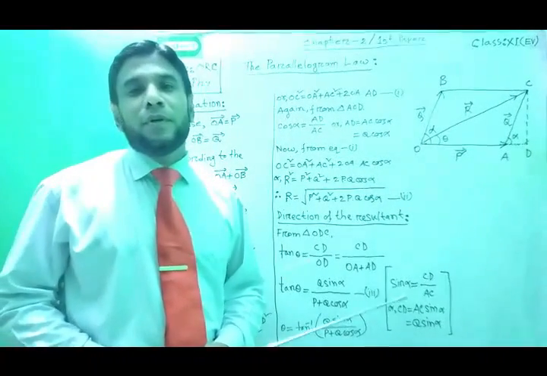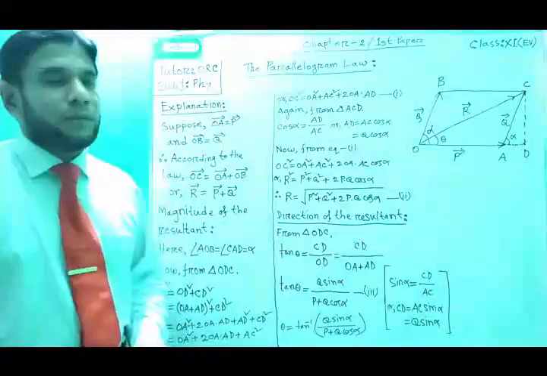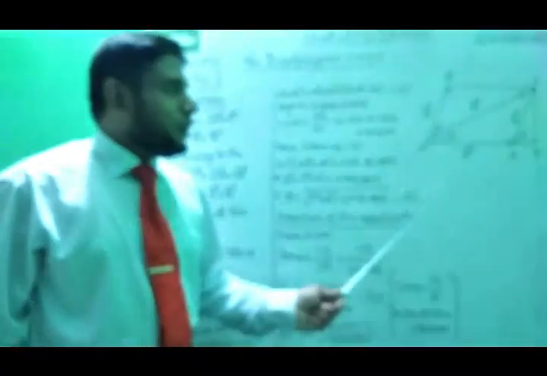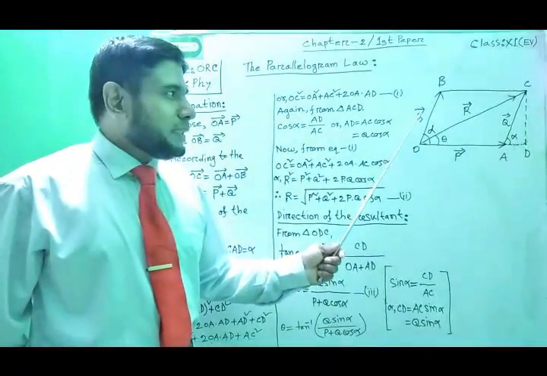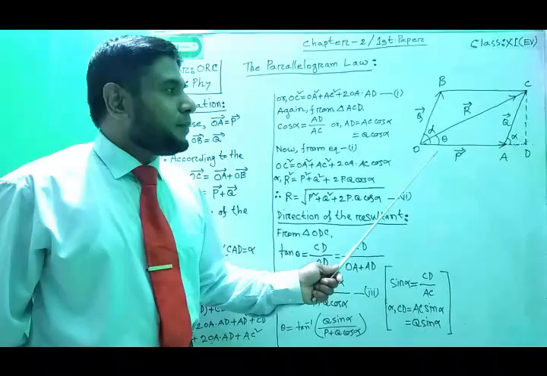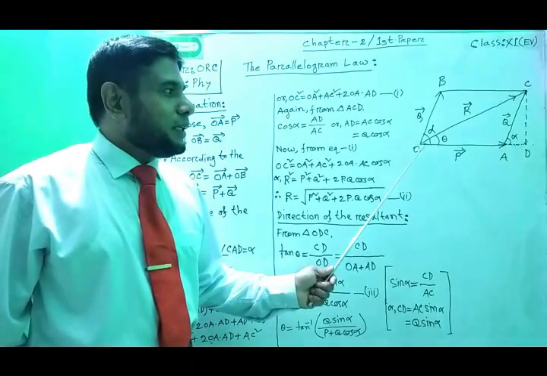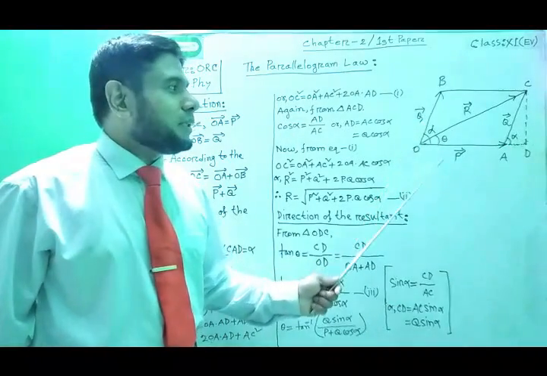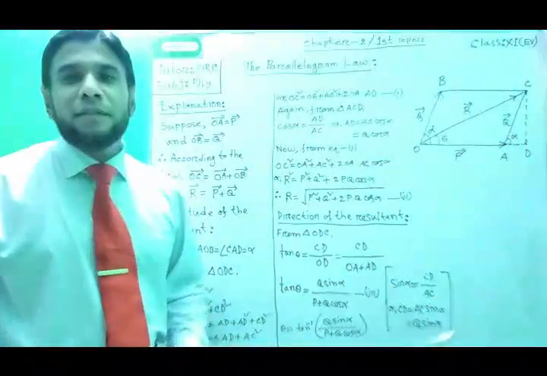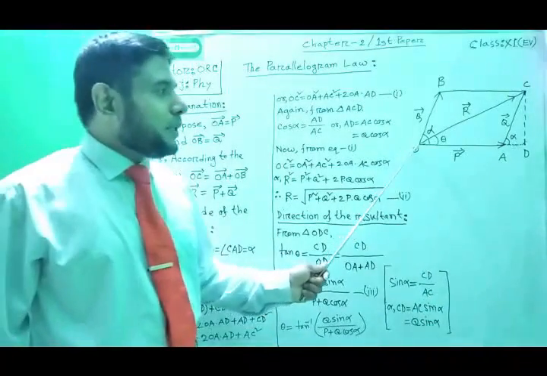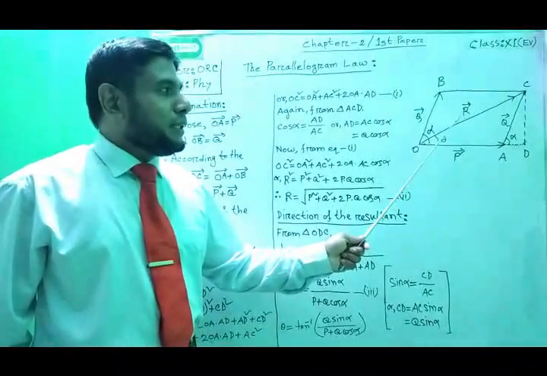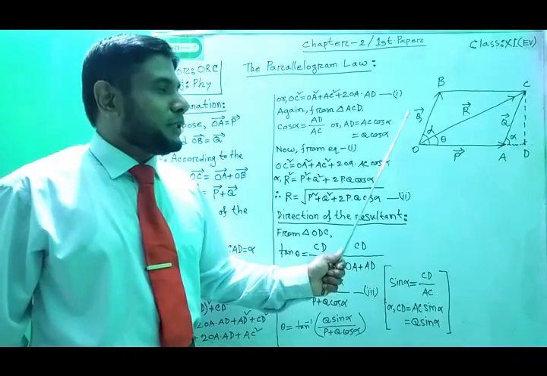According to the parallelogram law, if two similar vectors act along the two adjacent sides of a parallelogram from a particular point in both magnitude and direction, then the diagonal from that particular point will indicate the addition of those two vectors.